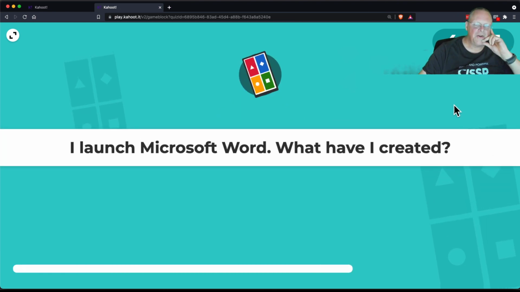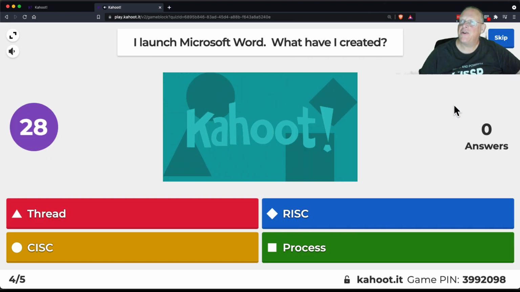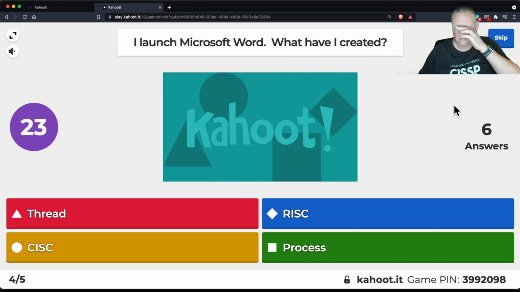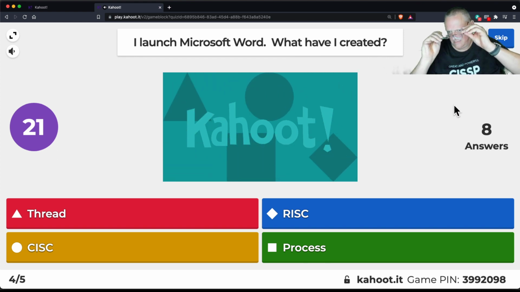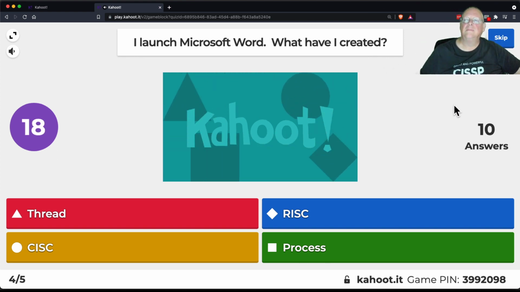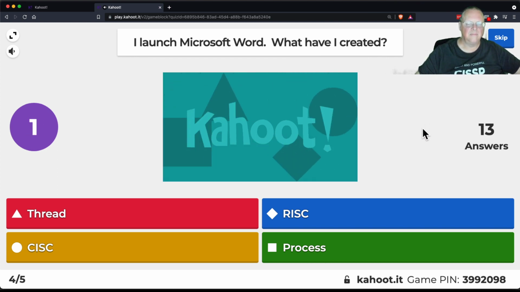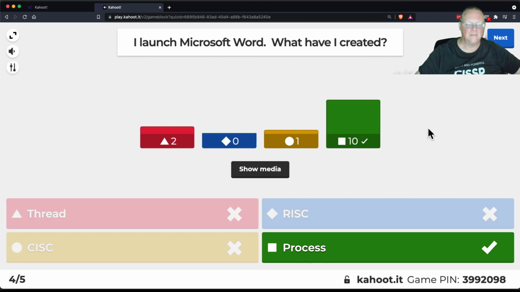All right, so if I launch Microsoft Word, what does that do? Yeah, that's a process which will contain one or more threads.